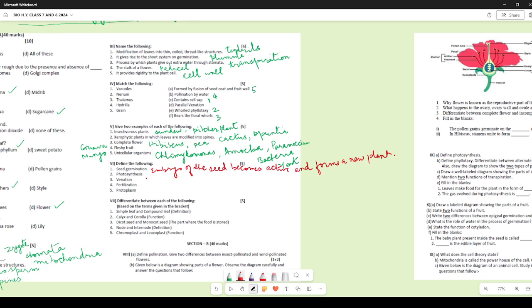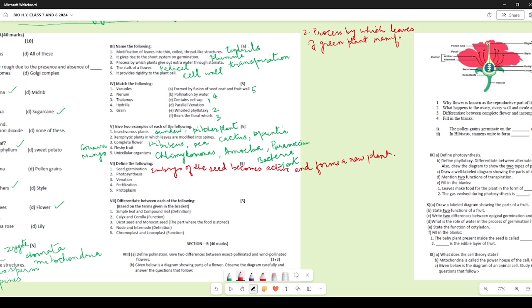Photosynthesis. What is photosynthesis? It is the process by which leaves manufacture food. Let me write over here. Process by which leaves of green plant manufacture food, right?